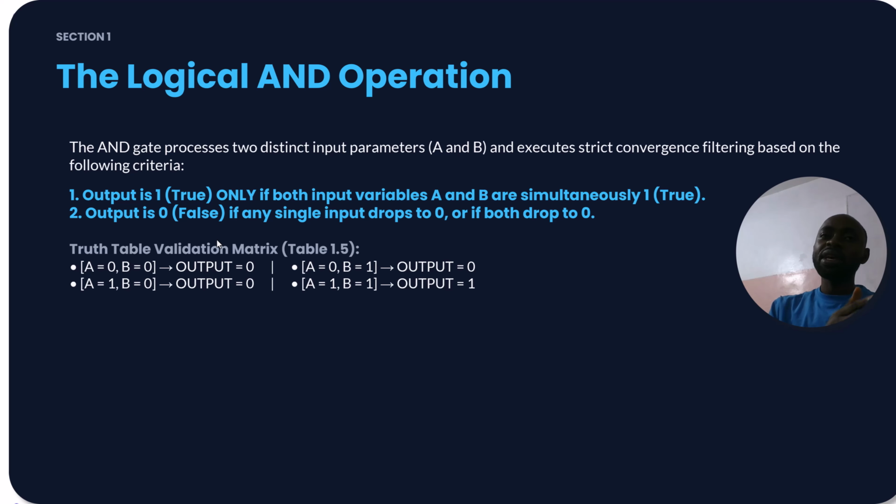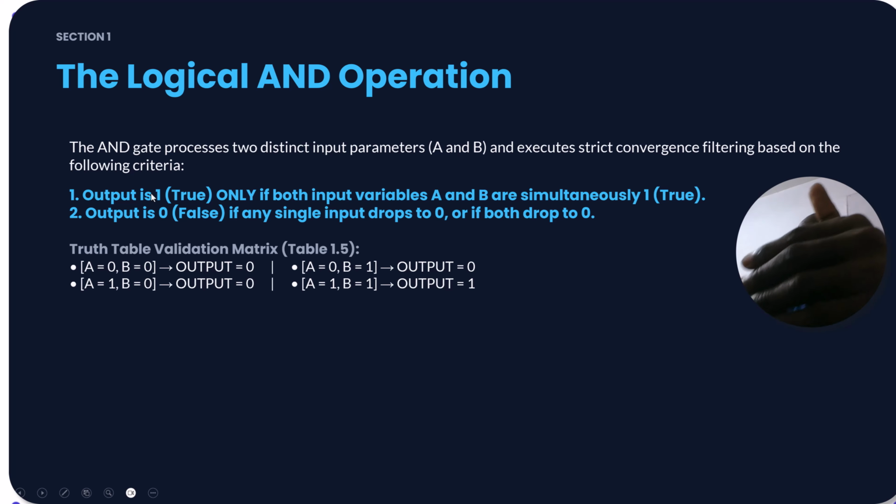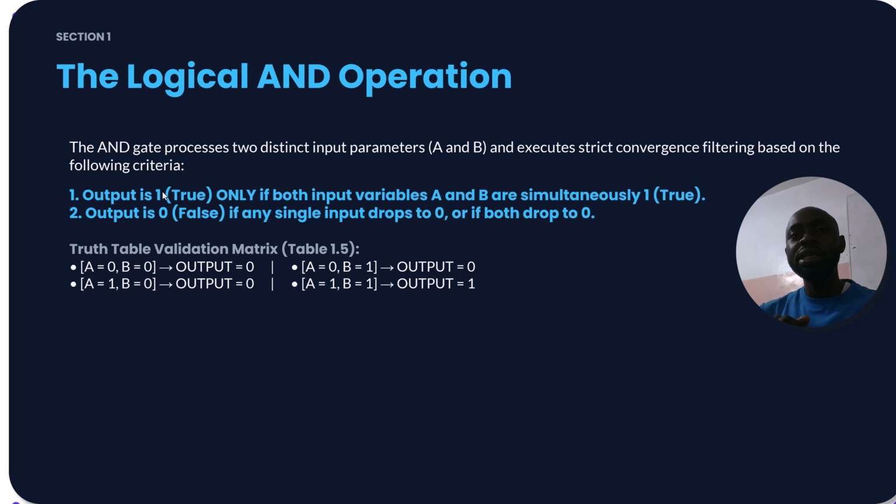So if you have a signal which is in a true state, which is one. In the AND operation, we look at two inputs. We can talk about an input like one or an input like zero, because the bit system is just two states, either one or zero.